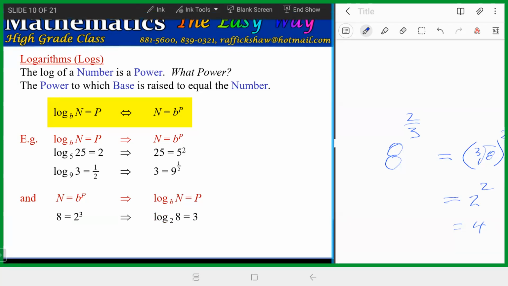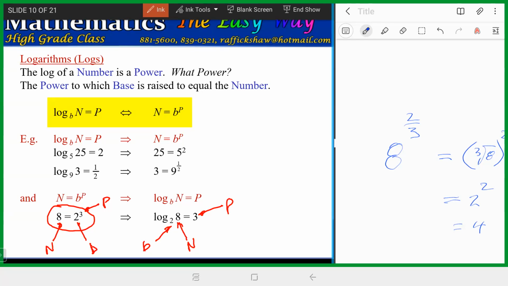Because in this relationship, right here, this is your base, this is your power, and this is your number. So this is your number, this is your base, and you get your power. If you take the log of a number, you get your power.